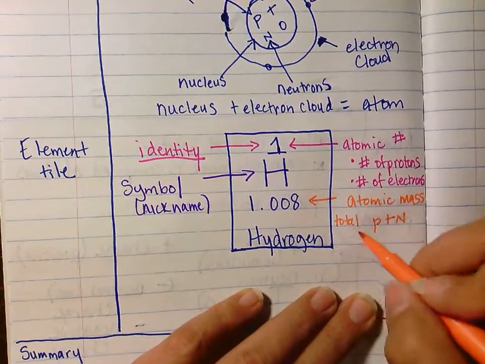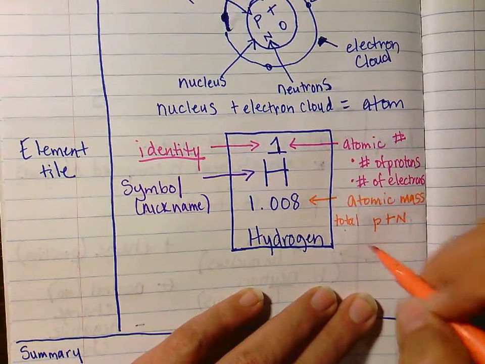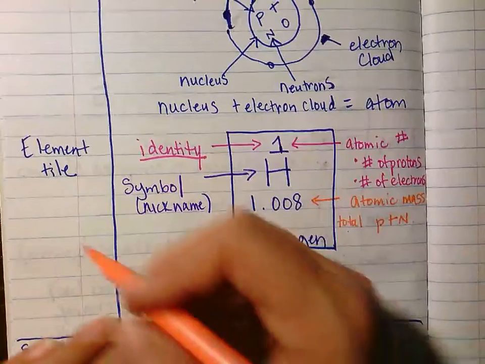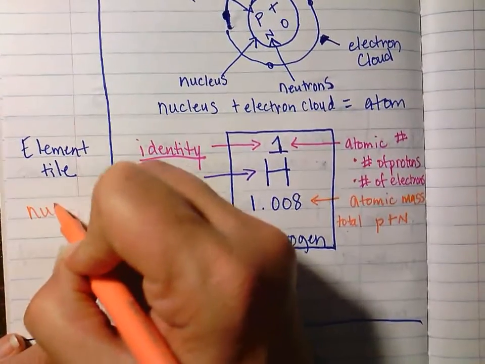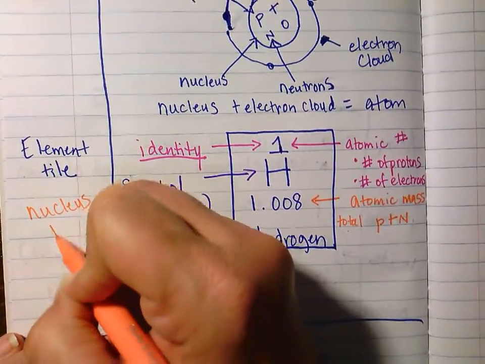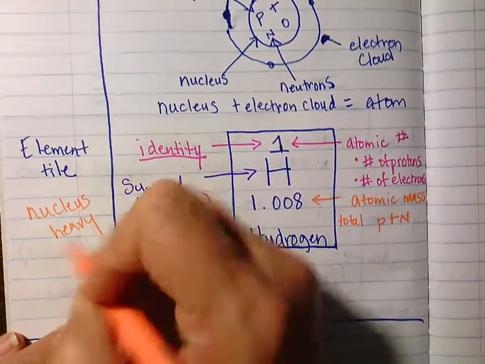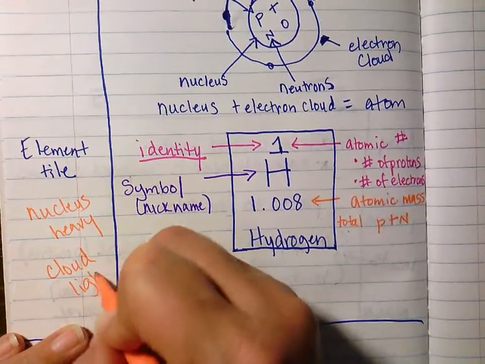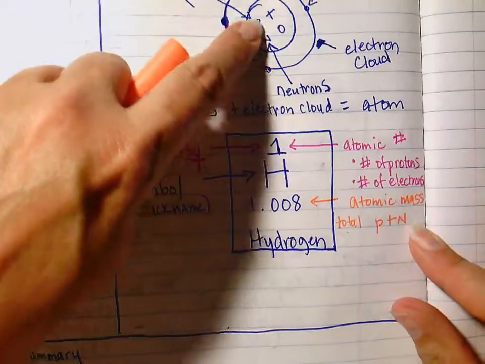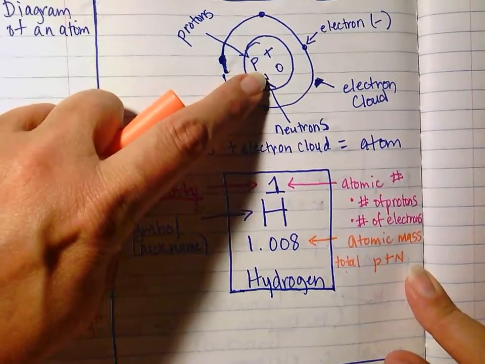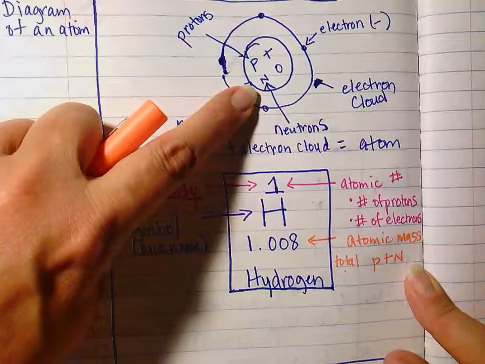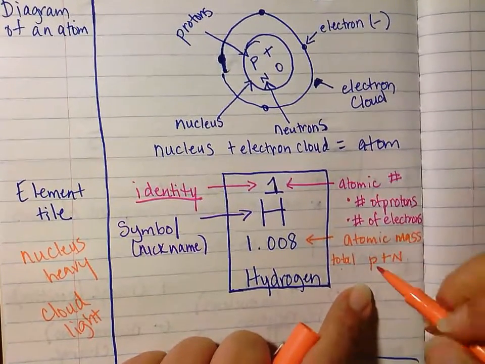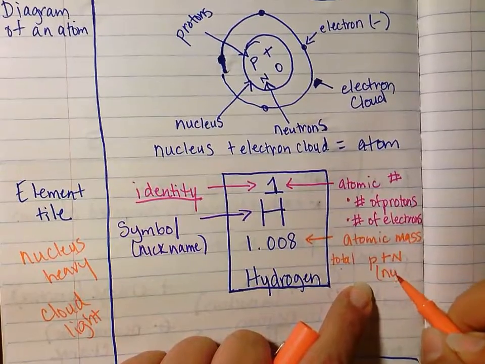And it gives you the most weight of the nucleus. The nucleus is the heaviest part. Let's write that over here. The nucleus is heavy, and the cloud outside is light. Okay? So most of your weight is found right up here in the nucleus, and then the rest of it is out here. The atomic mass is the total number of the protons and neutrons, so it's the weight of the nucleus.